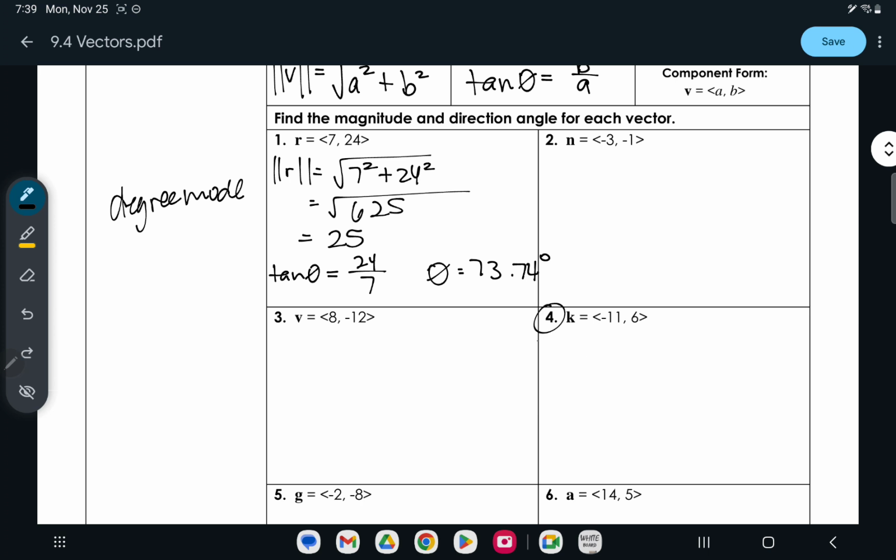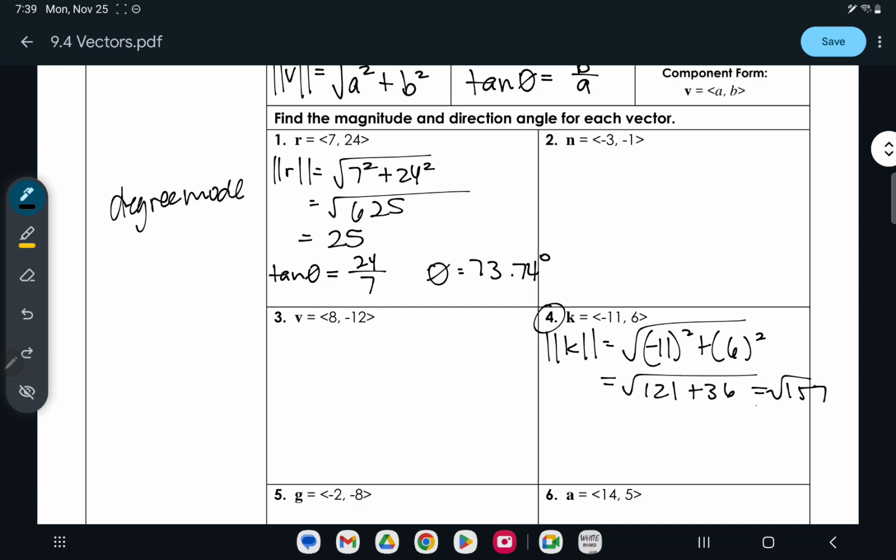Let's look at 4. The magnitude of K is negative 11 squared plus 6 squared. So 121 plus 36. Ooh, not a nice number. Square root of 157, which we can get the decimal.